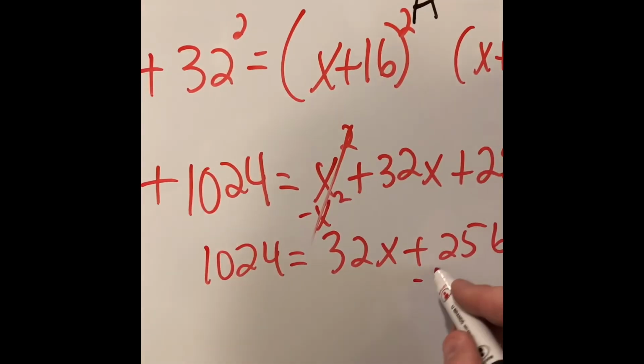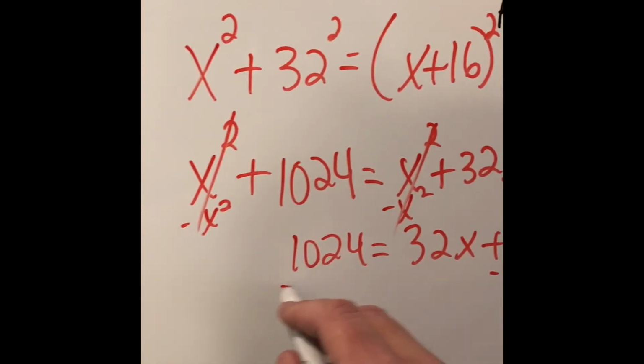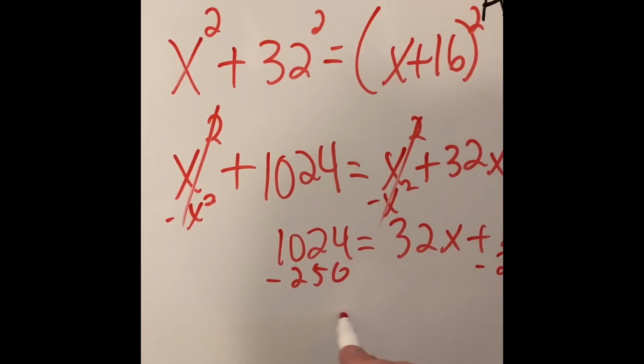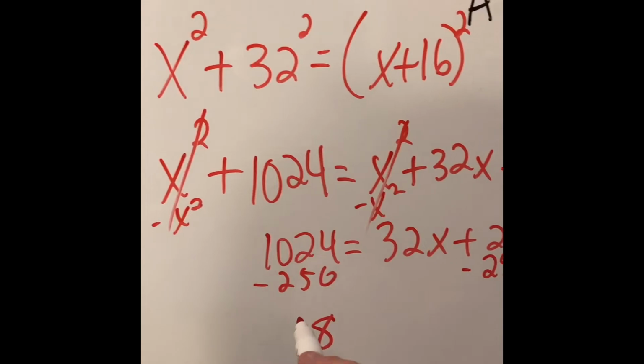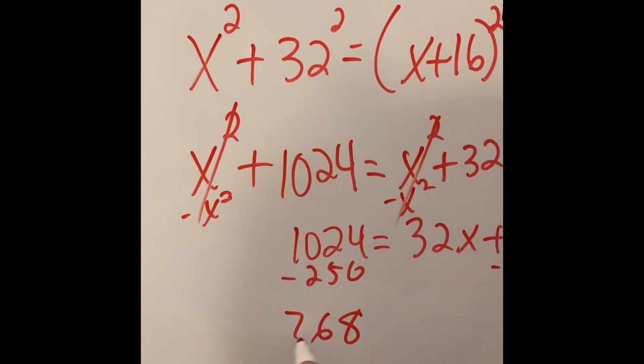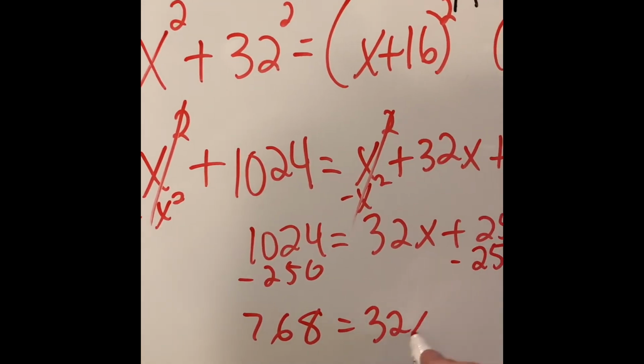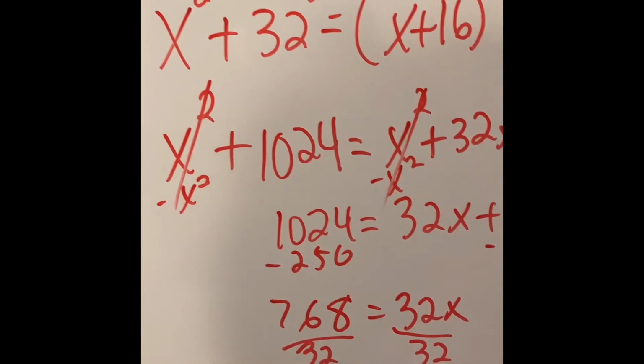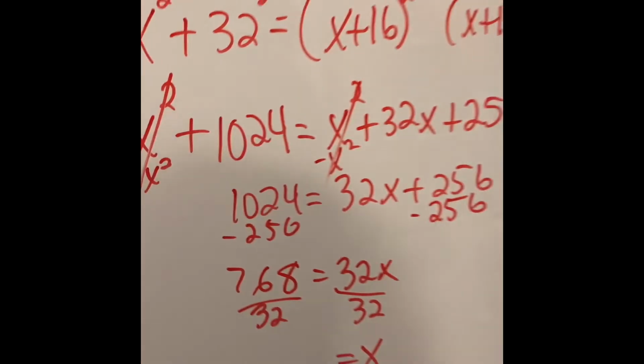1024 plus 32x equals 32x plus 256. Wait, let me redo that: now we'll subtract 256 from both sides, right? And so I have 768 equals 32x. So now we're going to divide both sides by 32. And what's x going to equal here?